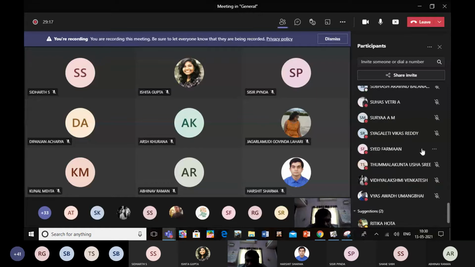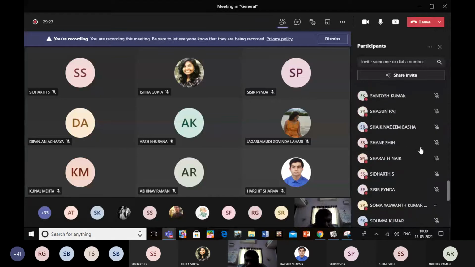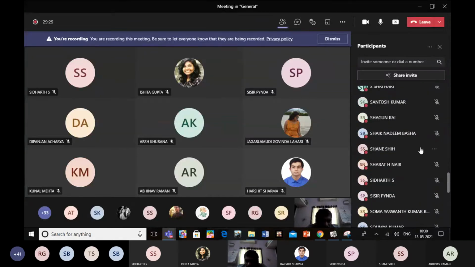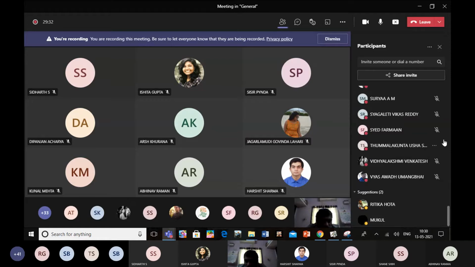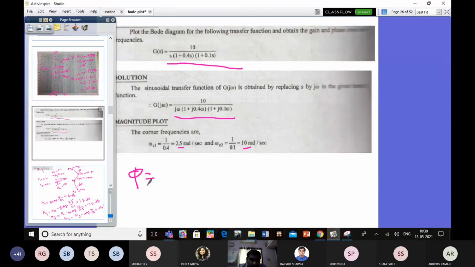Surya, Vyas, Syed, Venkatesh, Saumya, Suresh, Usha. Expecting answers from your side. Please interact. What is the phase angle? Sisir?